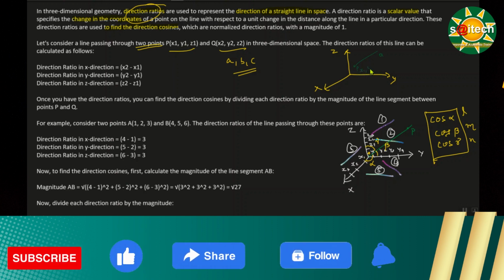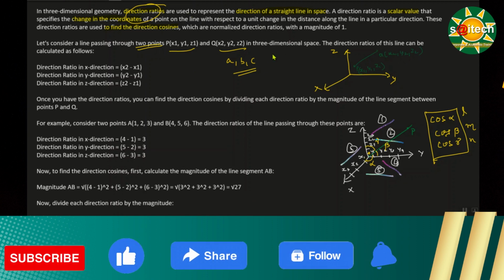Similarly, Q is here, and it is represented by x2, y2, z2, right?